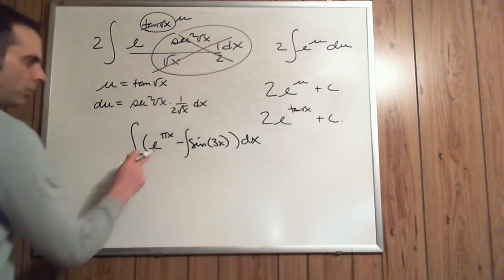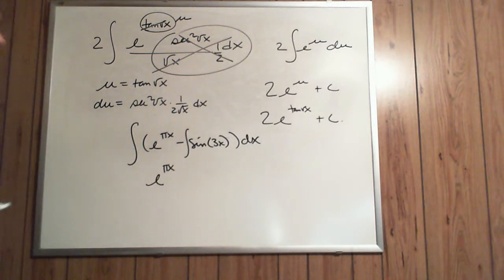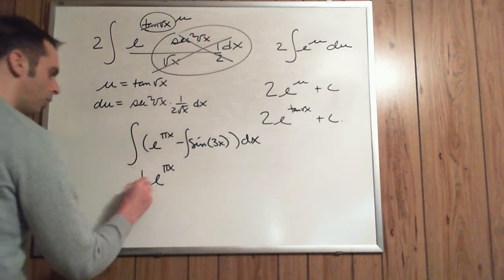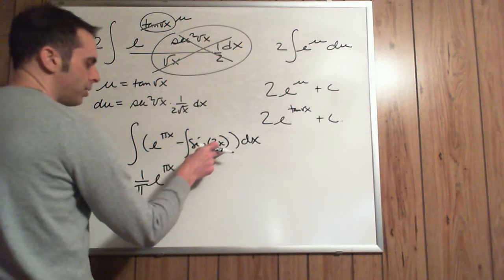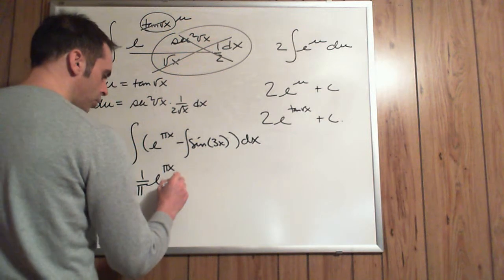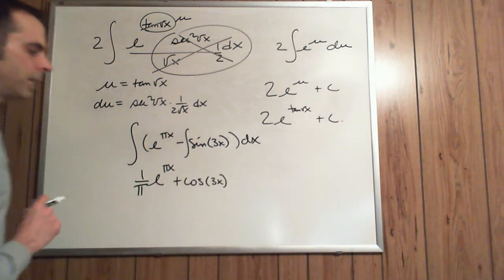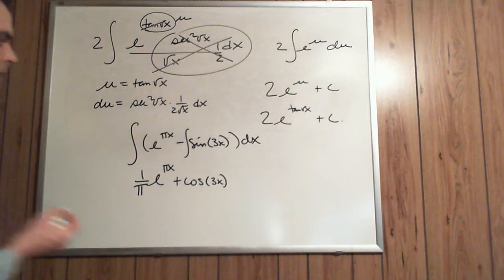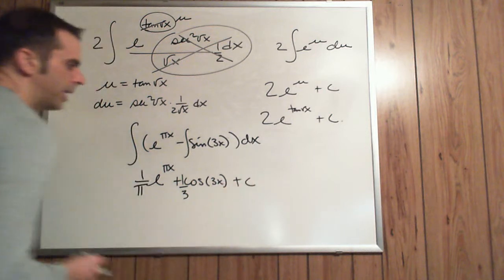And the indefinite integral of e to the pi x is the function itself. The derivative of pi x is pi, so the antiderivative needs its reciprocal, which is 1 over pi. And then the antiderivative of sine 3x, when the answer is a cosine function, it's negative, so it would be plus cosine of 3x. The derivative of 3x is 3. Its reciprocal is 1/3 plus c.